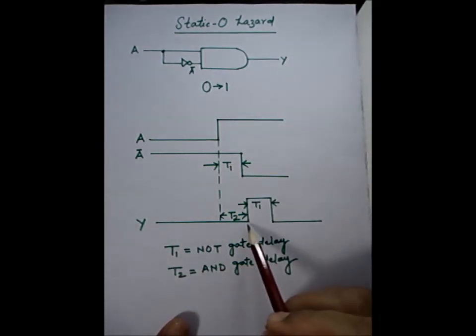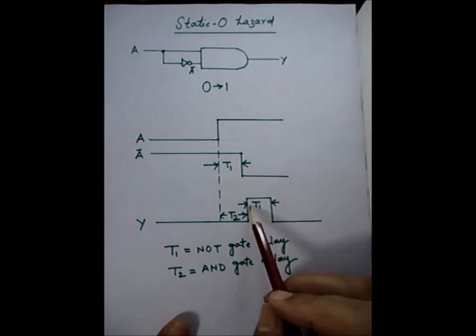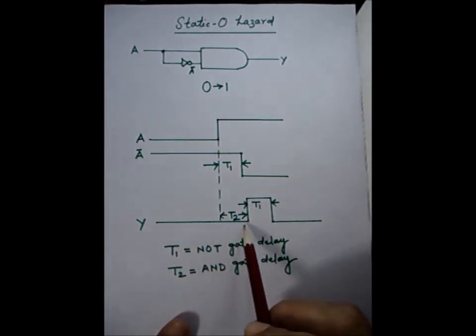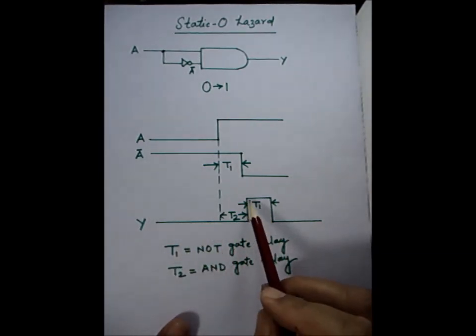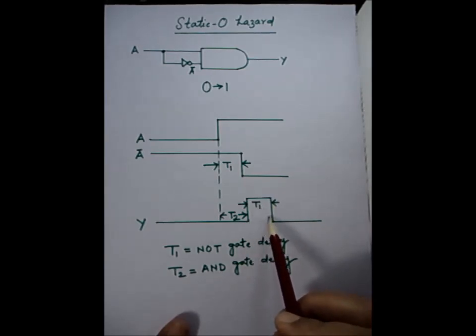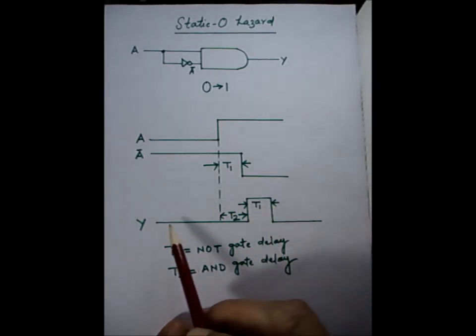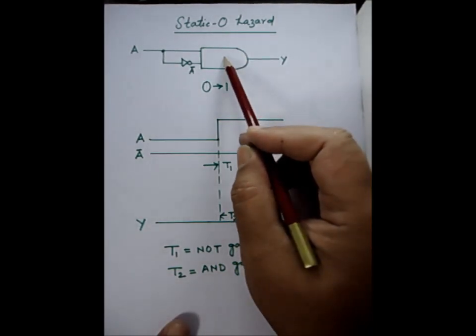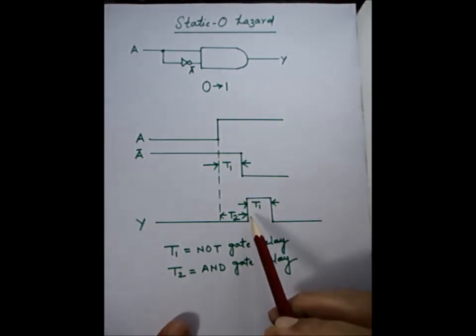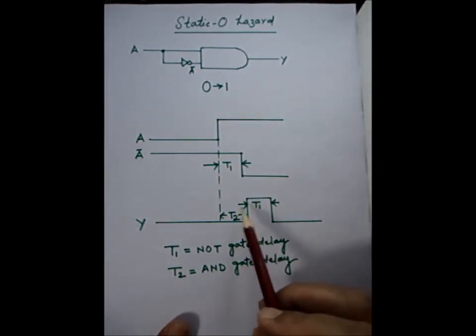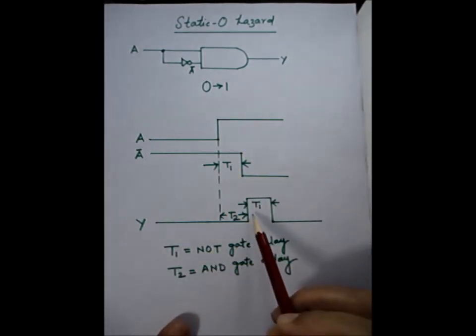This is the graph of output Y. You can see it is always 0, but for a small duration of time T1, the output becomes 1. Another thing: due to the delay in the AND gate, that is also not reflected in the output immediately.